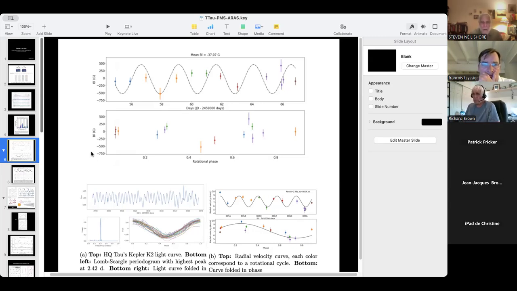Now, this is one of the systems, HQ Tau. It's just from a relatively recent paper. The reason I'm showing this is that on the bottom left, you can see a light curve from TESS. On the top, there's the curve of the measurements of the circular polarization. That is, the magnetic fields in these stars can be hundreds to thousands of Gauss.